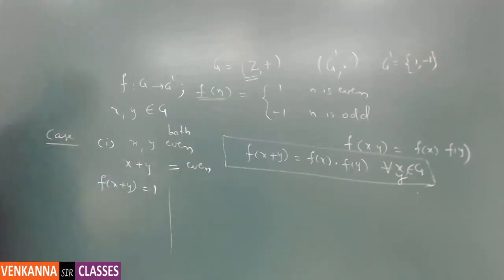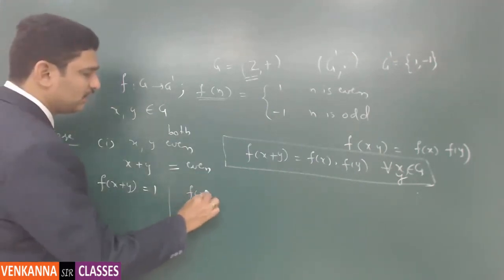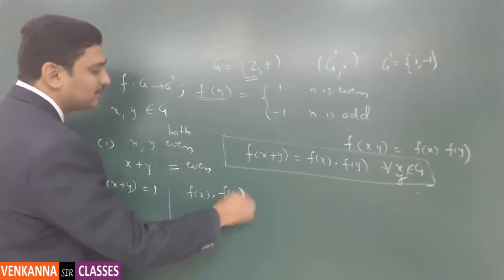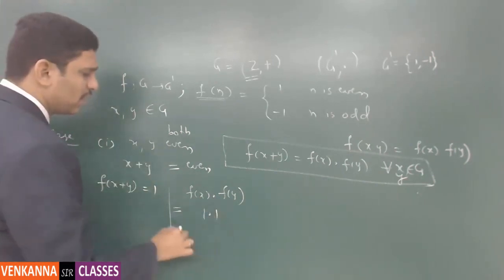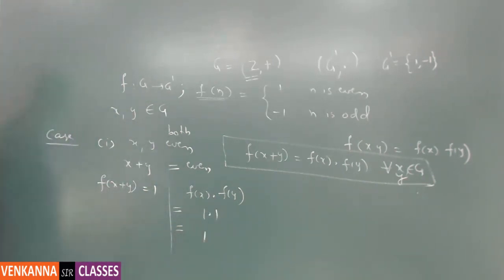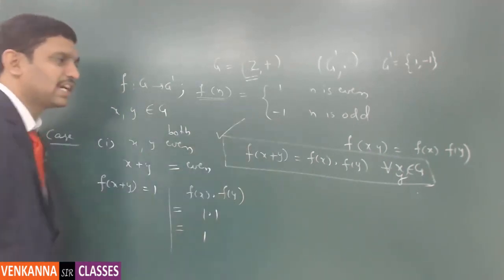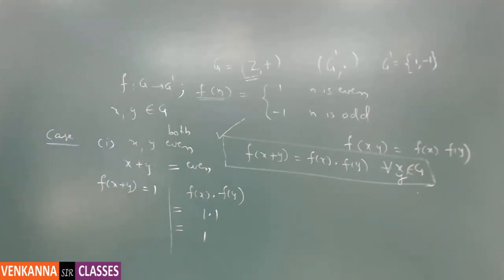On the RHS, if you consider f(x) · f(y), since x is an even number and y is an even number, it is 1 · 1 = 1. So in the first case, you can say that this condition is satisfied by f. Any queries for anybody in this part? Or is it clear?